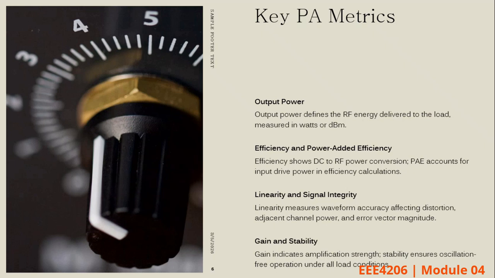And finally, the stability. A poorly designed RF amplifier can oscillate and effectively become what you call an unintended RF transmitter. So it might give you instabilities, and eventually you get wrong operating conditions. And this is very, very unfortunate.